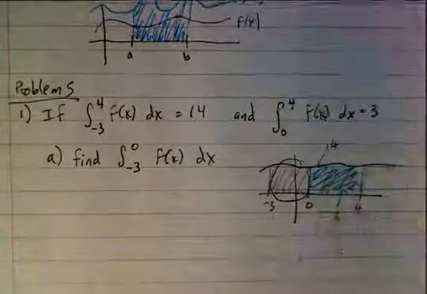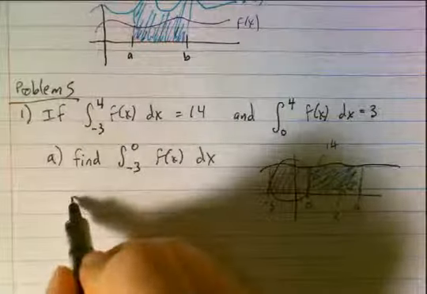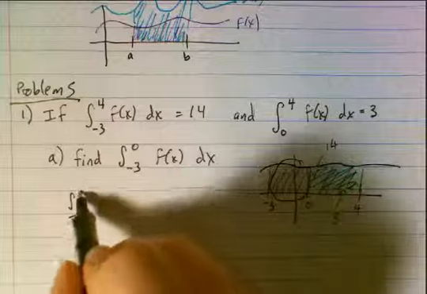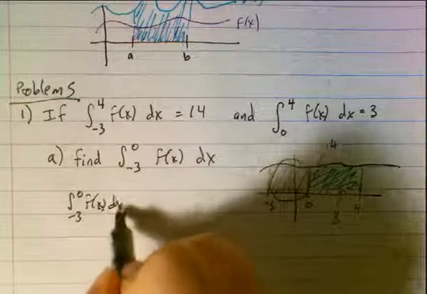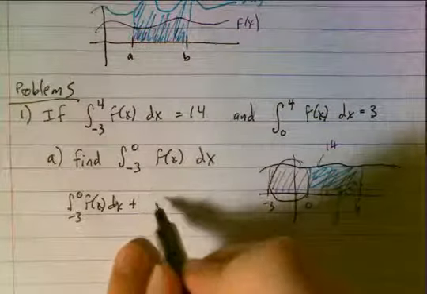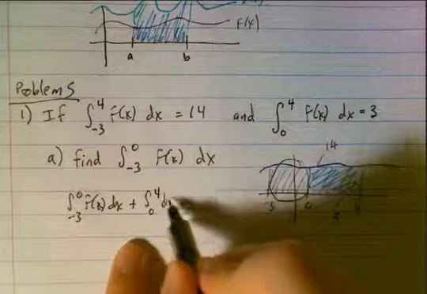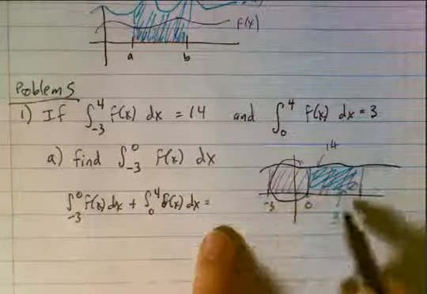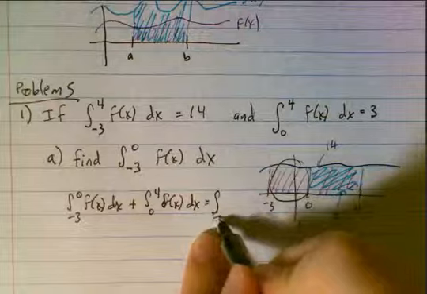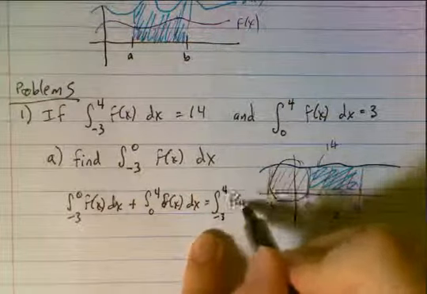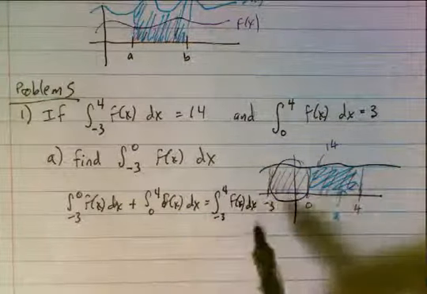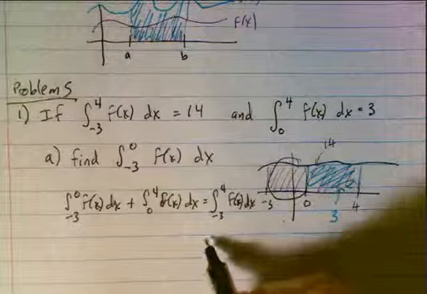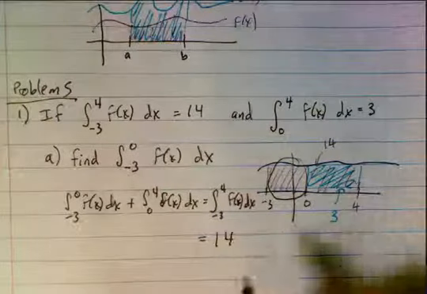So what we can do, looking at this right here, is we can see that the integral from negative 3 to 0 plus the integral from 0 to 4 is going to be this whole integral from negative 3 to 4. We're told that this integral is 14.